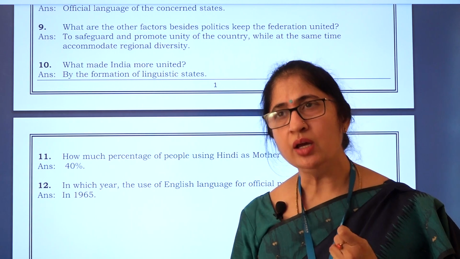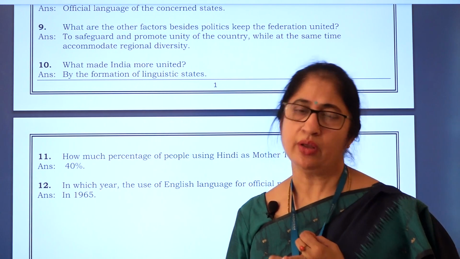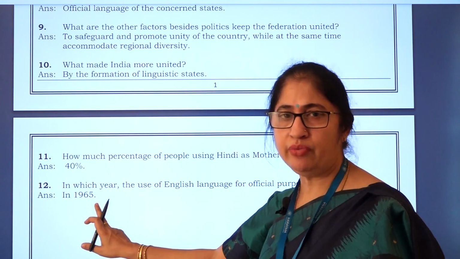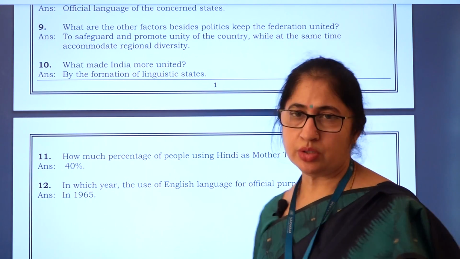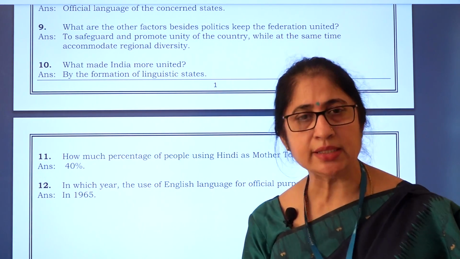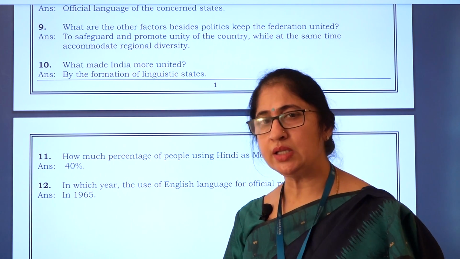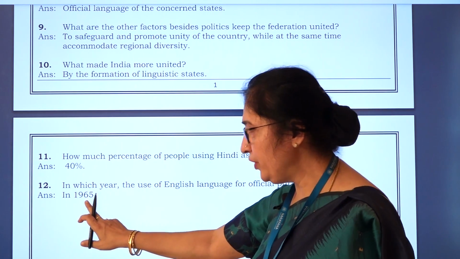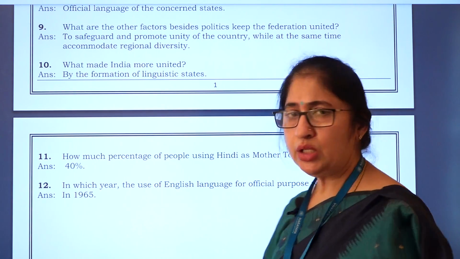Apart from Hindi, we also used English for running the administration, but it was stopped in 1965. So 1947 to 1965 we used it, but later some states like Tamil Nadu, who were not well versed in Hindi, insisted that English should carry on. But officially, 1965 is the year where English was stopped.